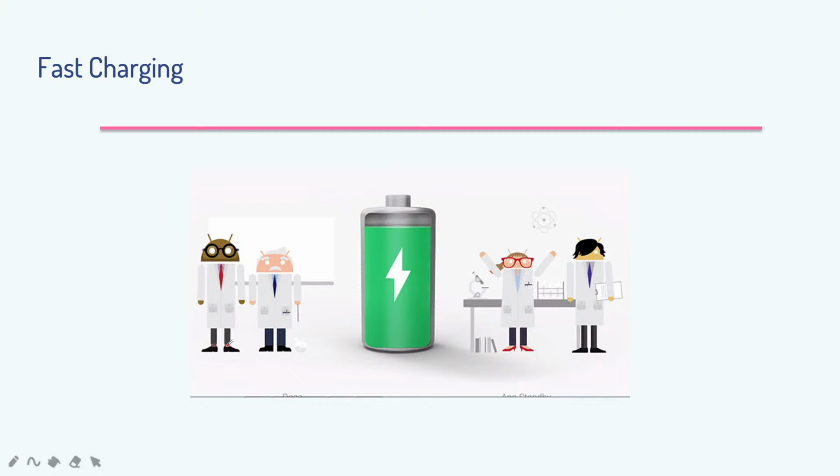But note one thing: if you have fast charging support, don't always use the fast charger, like a 30-watt or 40-watt charger. It will lead to draining the battery. So I suggest you use normal chargers, like a 5-volt charger.